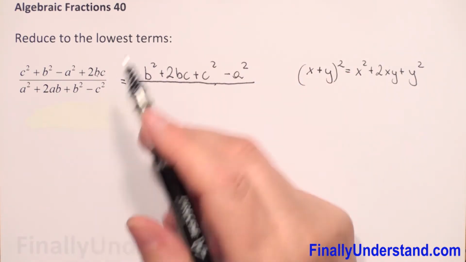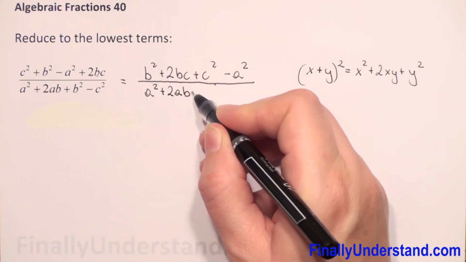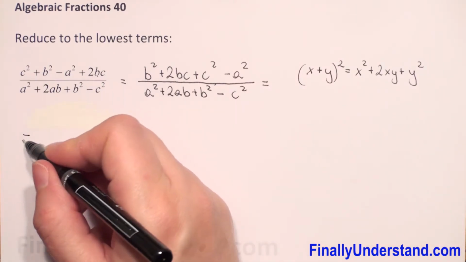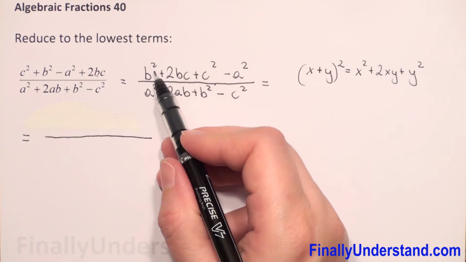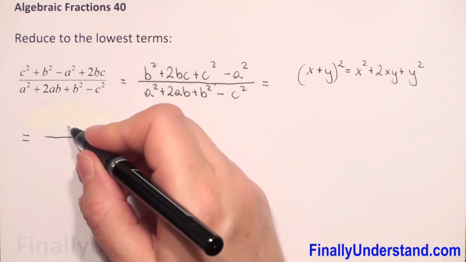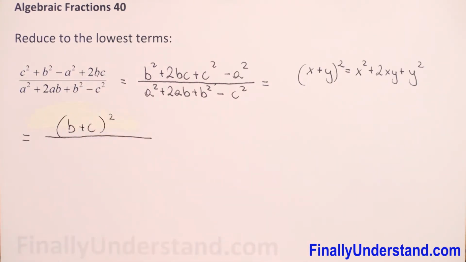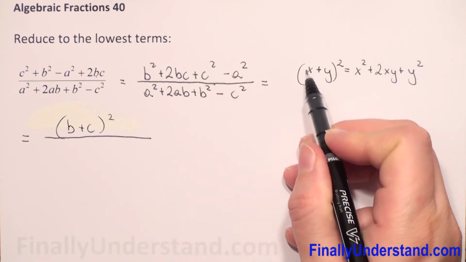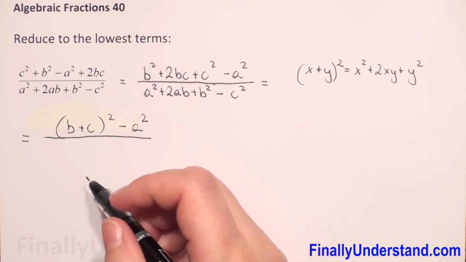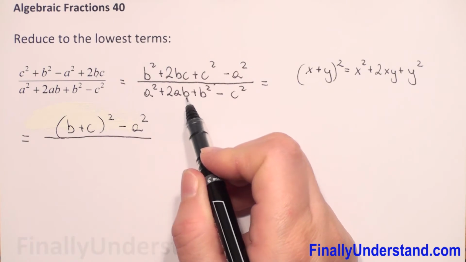And the denominator we will copy. We have a squared plus 2ab plus b squared minus c squared. So this is equal. We see now that we have here square of sum, b plus c to second power, and I just used this formula, and we have to copy negative a squared, and in the denominator we have a squared plus 2ab plus b squared.